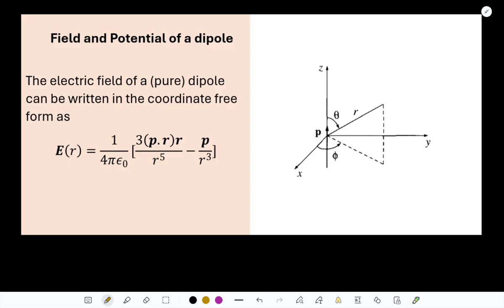This problem asks that you know that electric field produced by a dipole at a point R, the point is here, can be written in this form. It is usually not written in Indian textbooks, but this form is more useful than the usual forms we know.